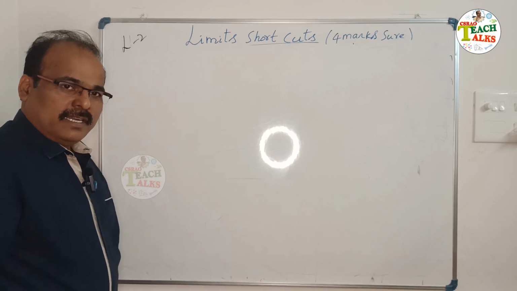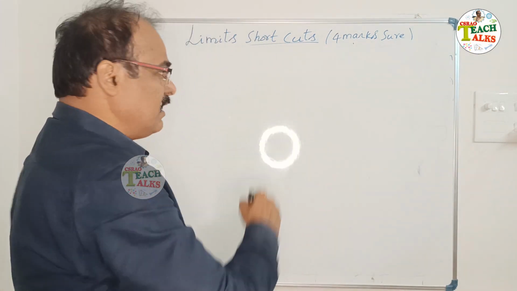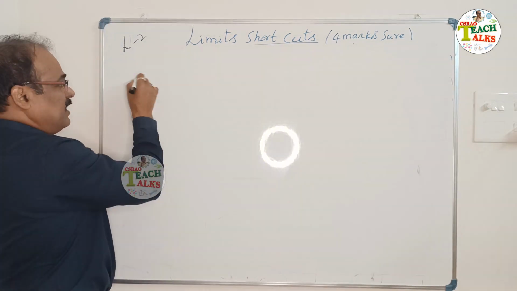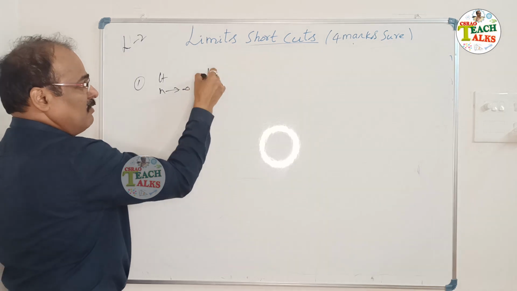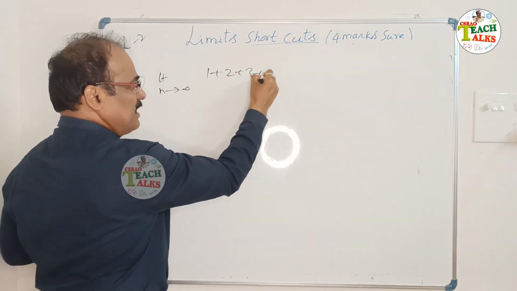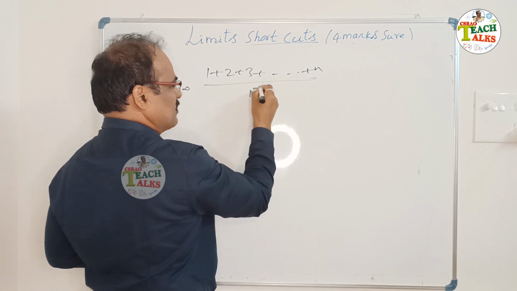Now, you already remember the previous concept. Now I am going to write the limit as n tends to infinity of 1 plus 2 plus 3 and so on plus n, divided by n square.